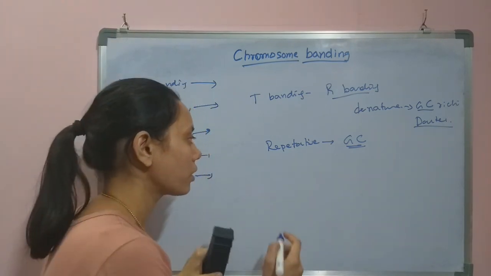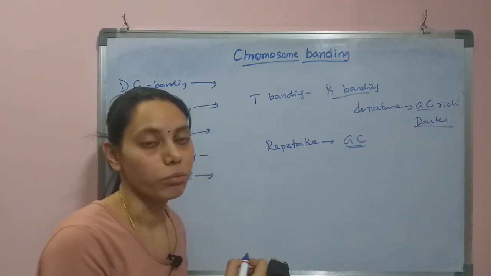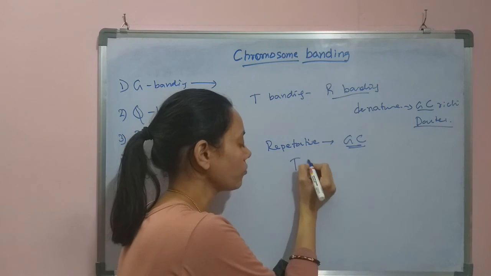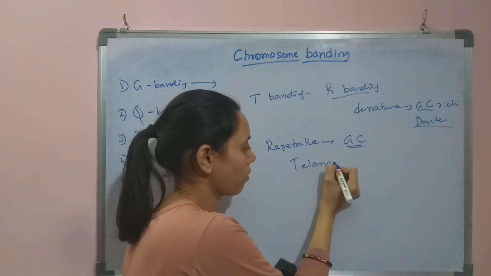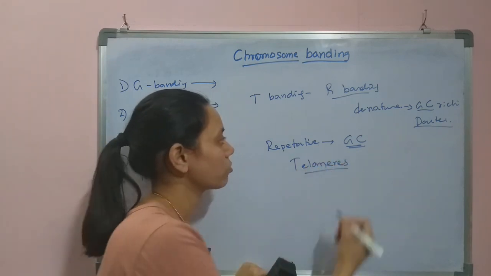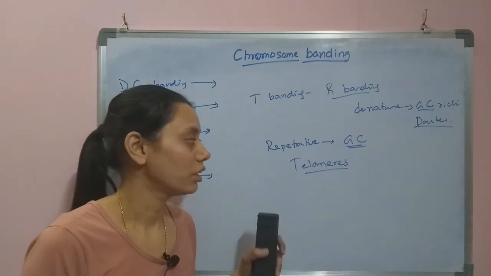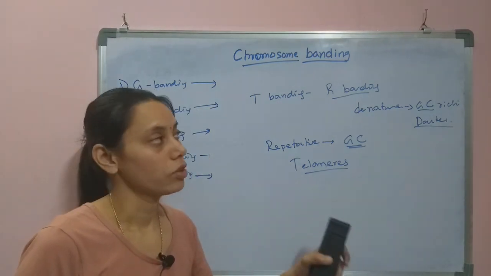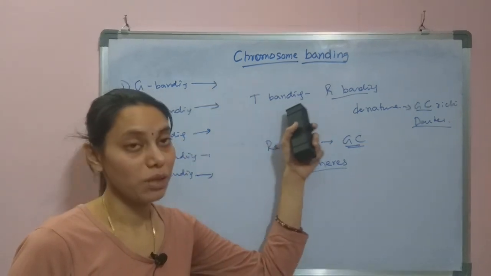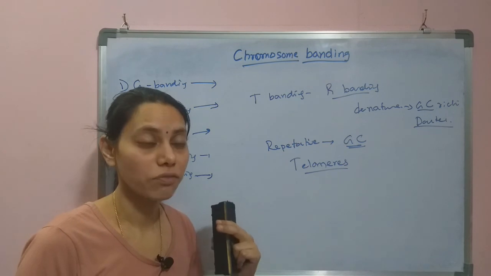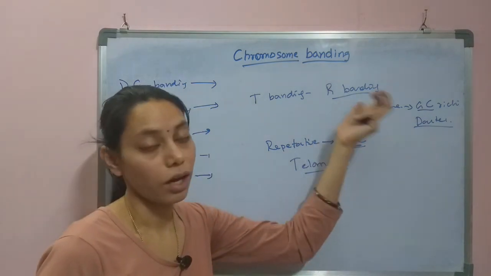This kind of repetitive DNA will be mostly present in the telomere. So half of the darker bands will be obtained in the positions of the telomeres. In the case of T banding, the denaturation will be higher than in R banding.